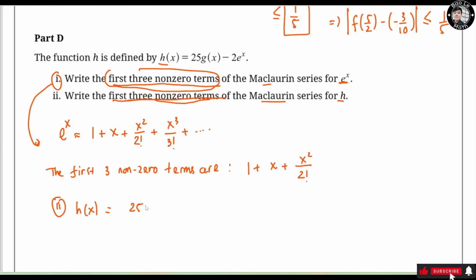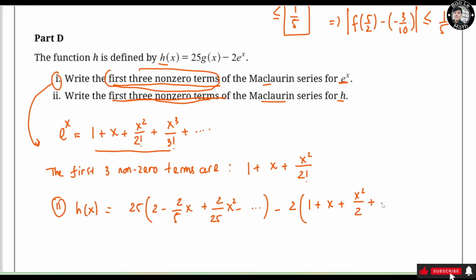So 25 times 2 minus 2 over 5 s plus 2 over 25 s squared minus etc. Right? Subtract 2 times e to the s, and e to the s is right here, and we only need the first three non-zero terms, right? 1 plus s plus s squared over 2 factorial, which is 2, right? Plus etc.